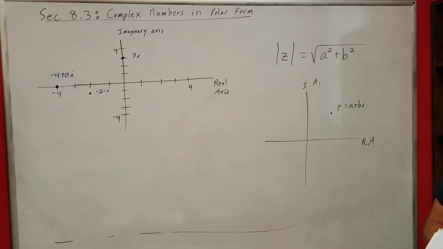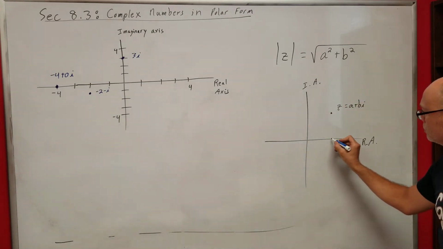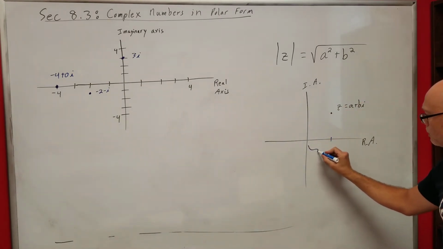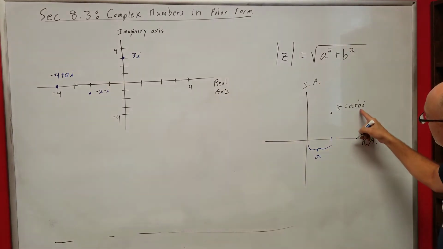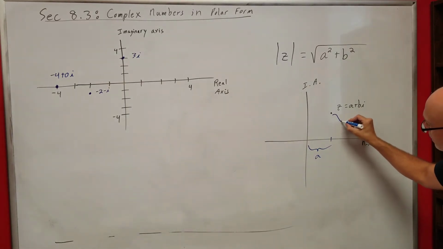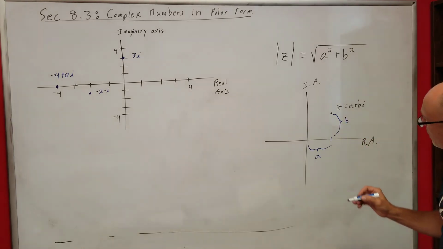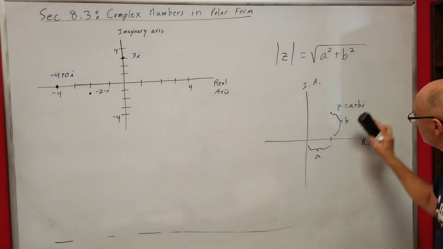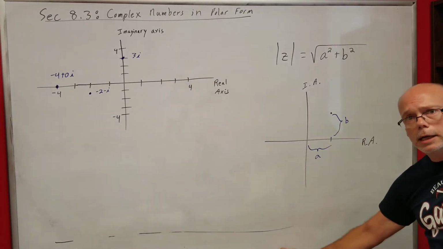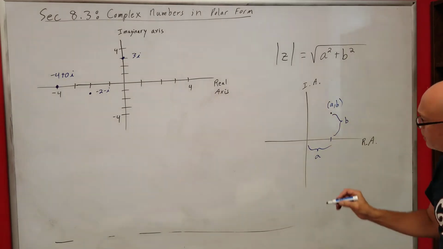This point right here, a plus bi, means I go out a units on my real axis, and I go up b units on my imaginary axis. In other words, instead of z equals a plus bi, I could look at it as an ordered pair, a comma b.